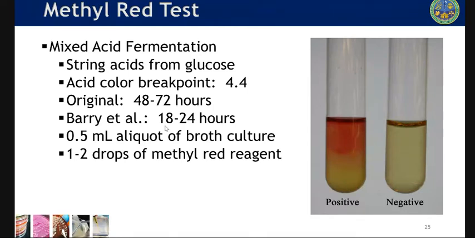A positive reaction will denote a red color, which is the same as the original color of your methyl red. To perform this, take a 0.5 ml aliquot of broth culture and add 1 to 2 drops of methyl red reagent.